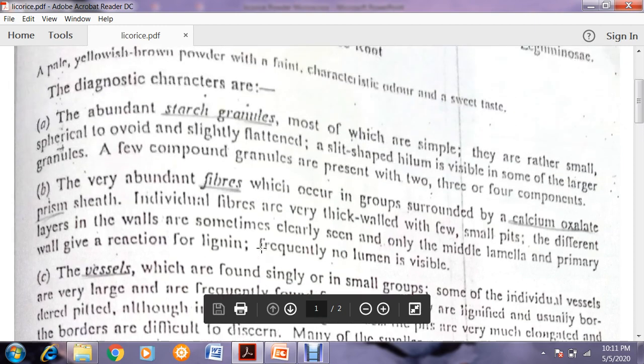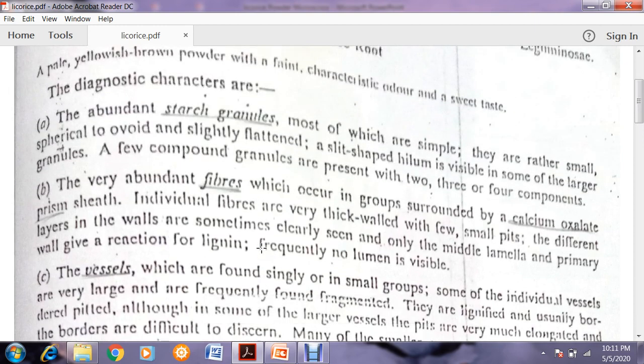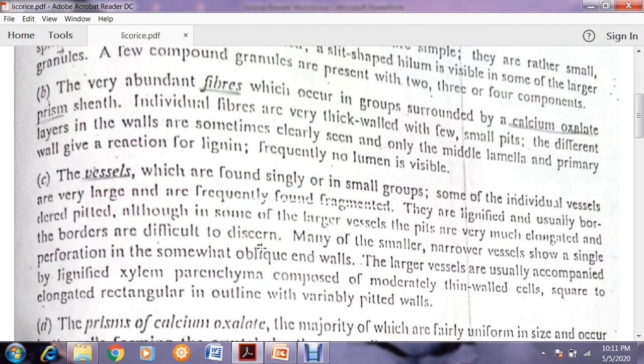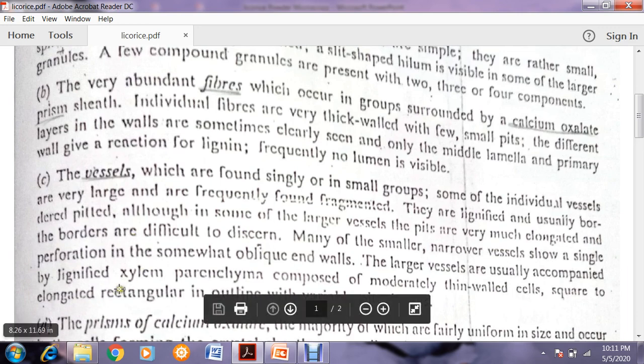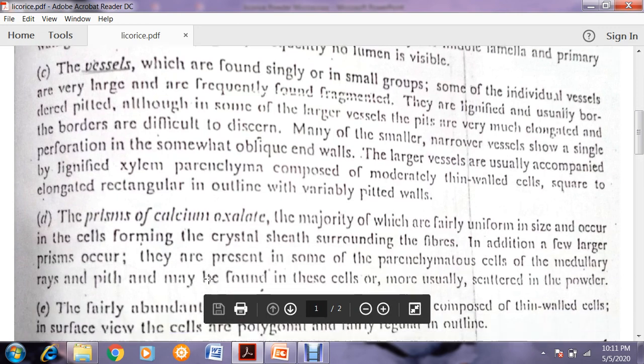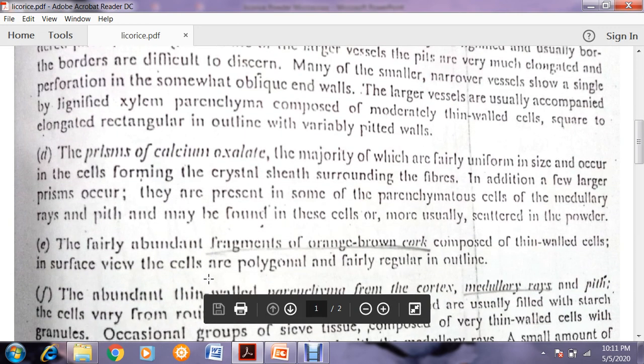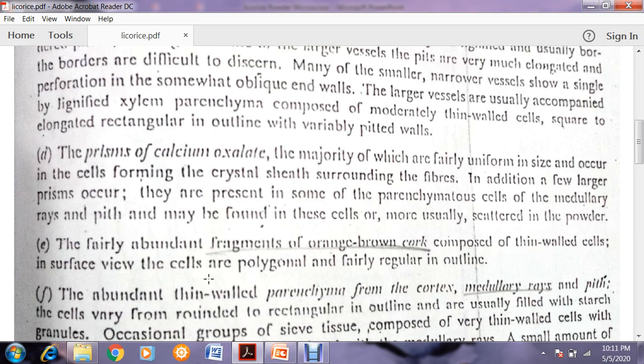So, 3 characters: starch granules, then fibers, and then vessels, which may be accompanied with the lignified xylem parenchyma. Now the fourth one is the prism of calcium oxalate, the majority of which are fairly uniform in size and occur in the cell forming the crystal sheet along the fiber.